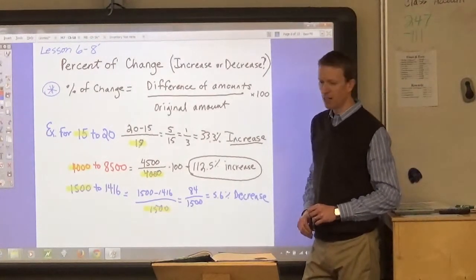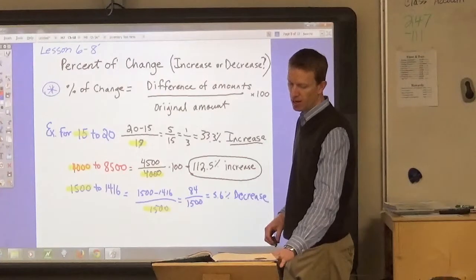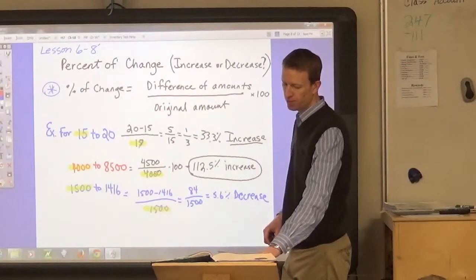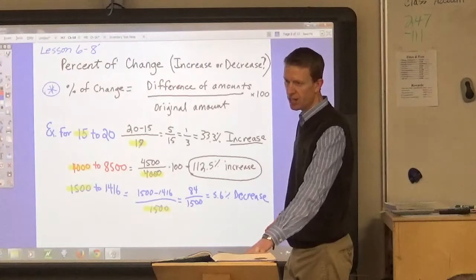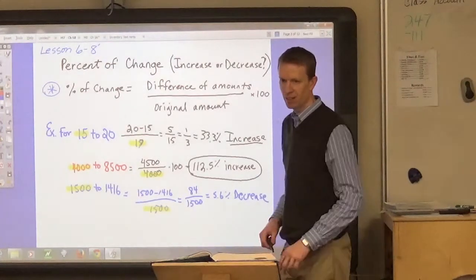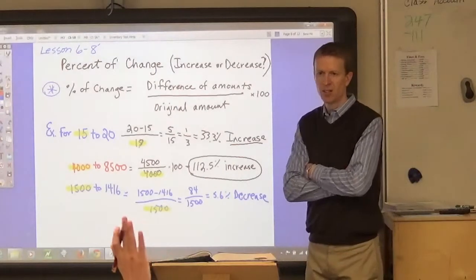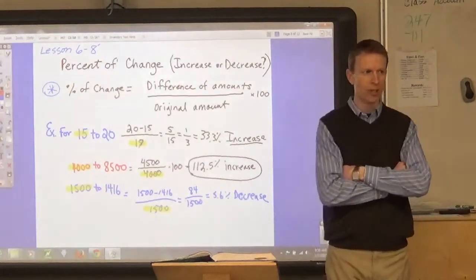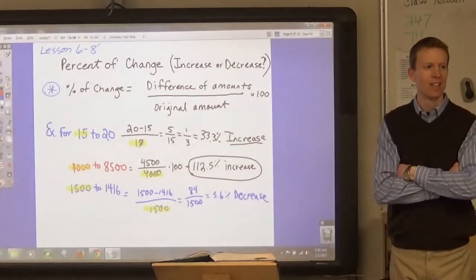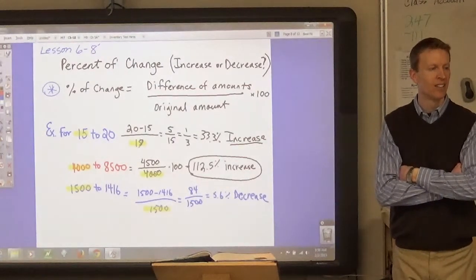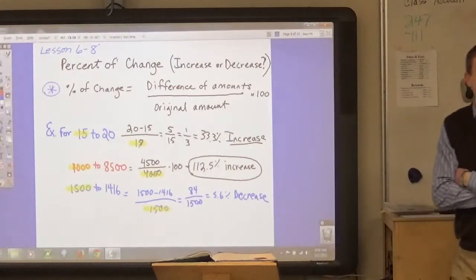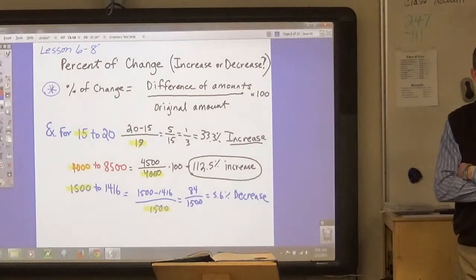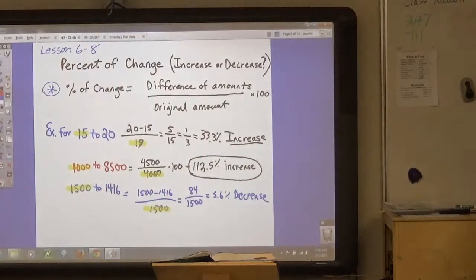Okay? Let's look on your worksheet. Number 2. 33 is increased to 55. What would you do? Isaac? 55 minus 33. Right. 22. And then what, Dylan? Divide it by, not divided by 100.